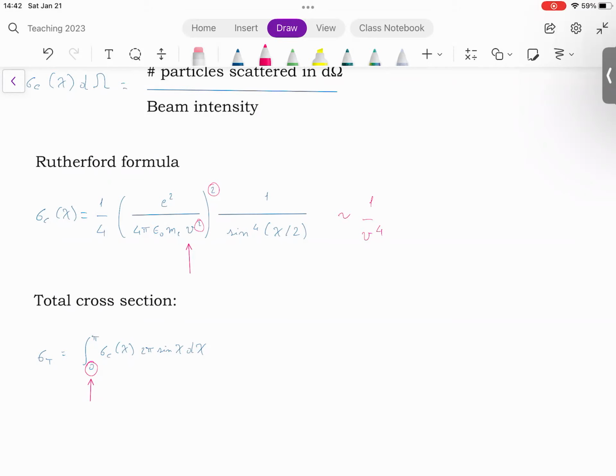Still, how do we fix now, finally, this lower limit for the integral? Well, the way we fix it is by remembering what we learned about the Debye shielding.